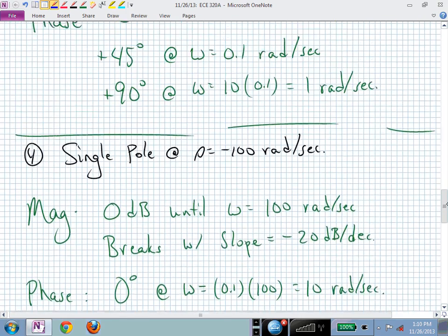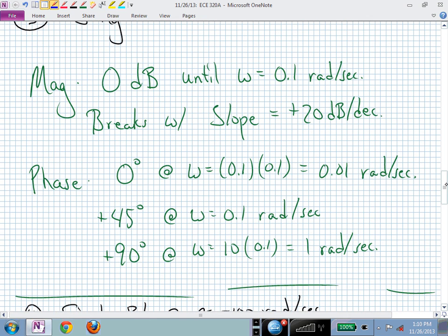Now, these poles and zeros, these linear factors, are a little bit more interesting, and adding them up is a little bit more interesting because they turn on and turn off in their slope. But this one, just look at those 3 points and plot those numbers.